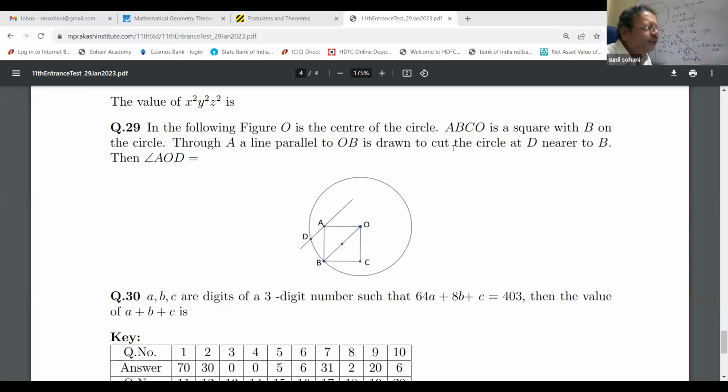Now look at the question again. You have understood the solution. Now I want you to do the entire solution on your own without looking at the solution. Those who are able to do it, I will say excellent job.